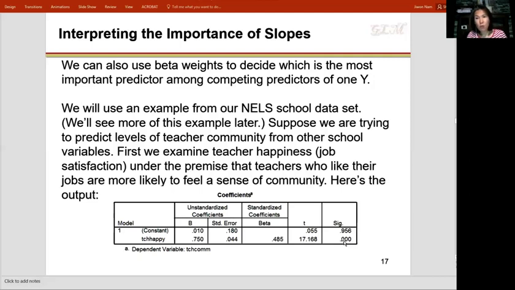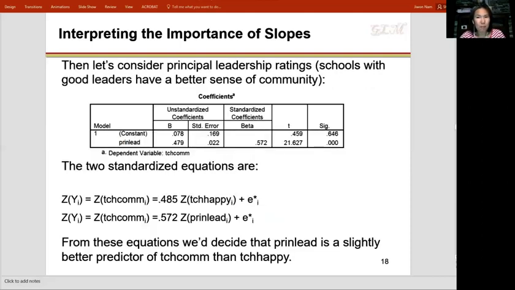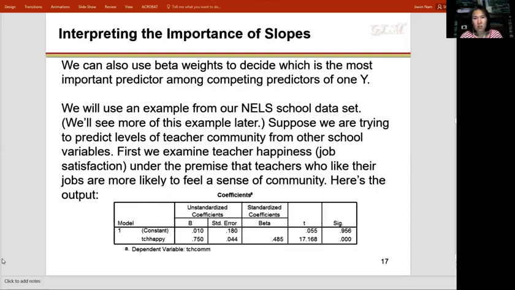So that's why we reject the null hypothesis. Does it make sense? Anyway, we cannot distinguish which one is better between the two variables according to statistical significance, because both of them are statistically significant. However, when we compare the effect size and beta weight, we know principal leadership is practically more important than teacher happiness.